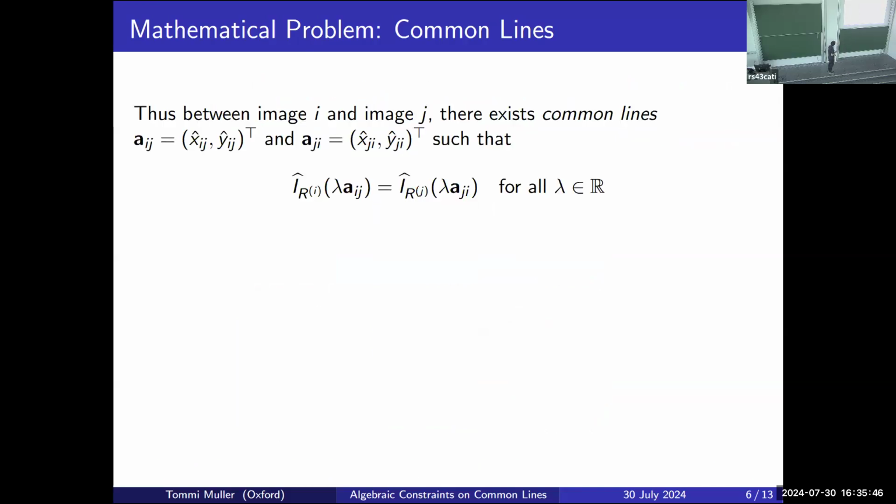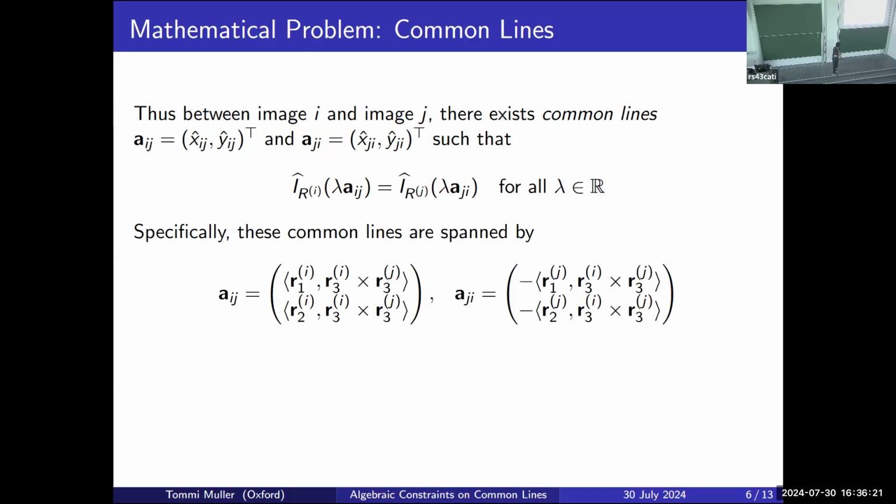So if we write these common lines, Aij will mean the common line between image I and image J in the coordinates of image I, and Aji will be the common line between I and J in the coordinates of image J. And what we're saying is that the Fourier slice theorem will give you that the Fourier transforms of the images will agree on those lines. So this is what is meant by common line.